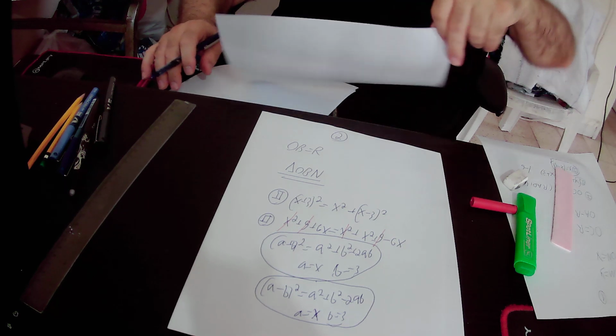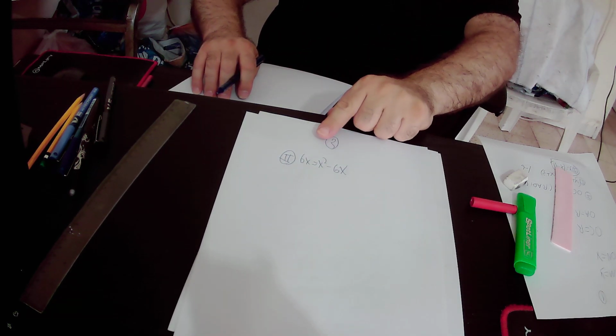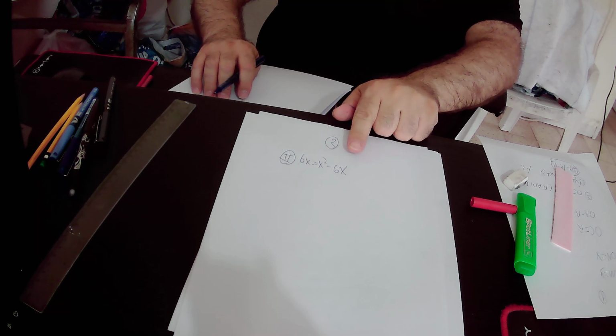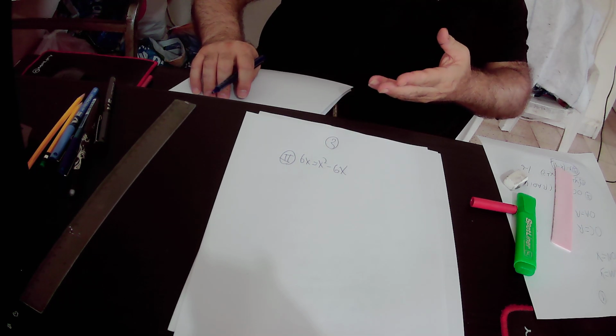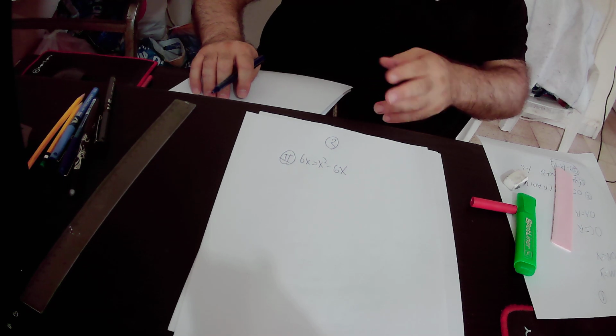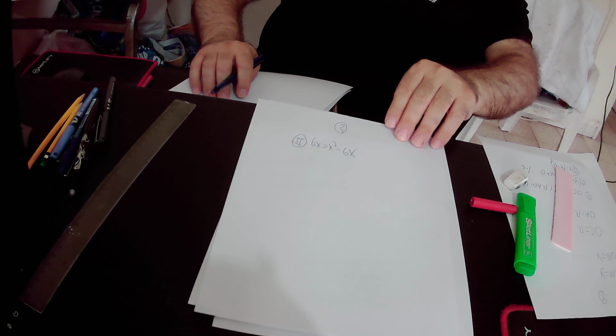Okay, that is what we are left with from the second equation, 6x equals x squared minus 6x. Now we will subtract 6x from this equation.